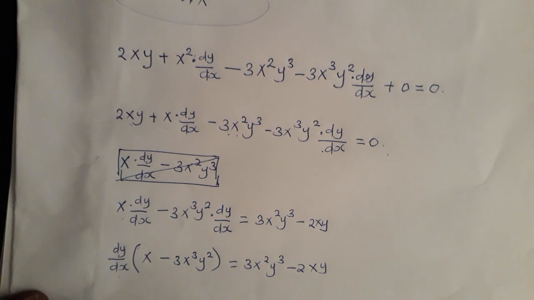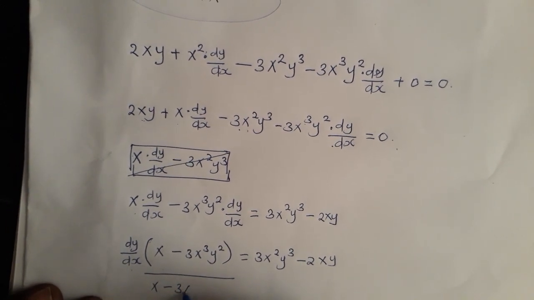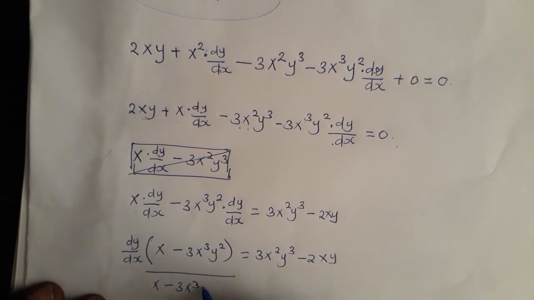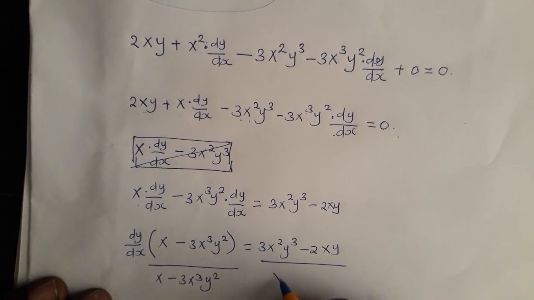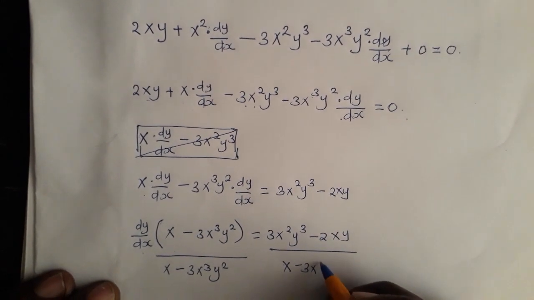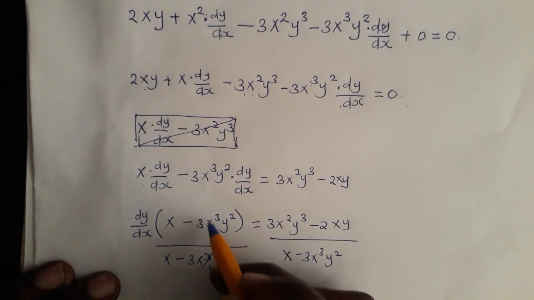So we want to remain with dy over dx, so we divide by x minus 3x power 3 y squared, and this cancels with this.